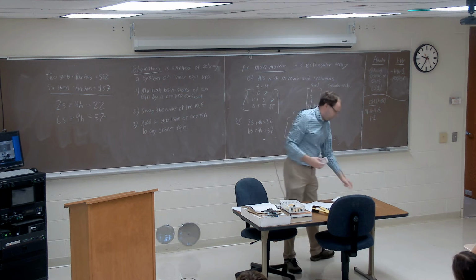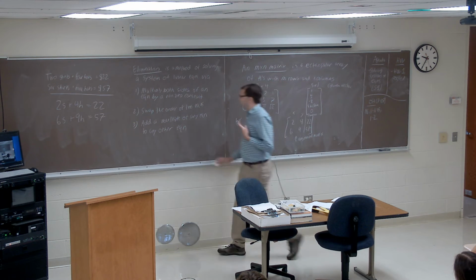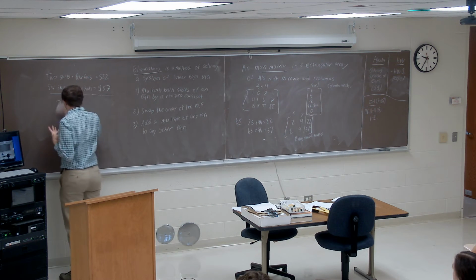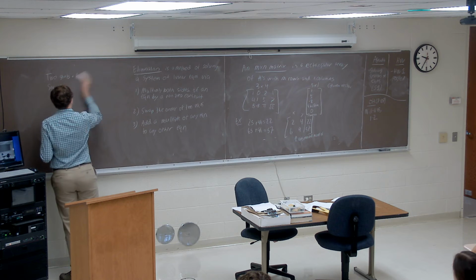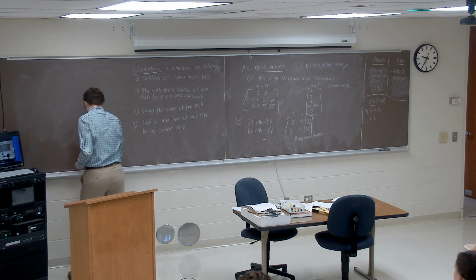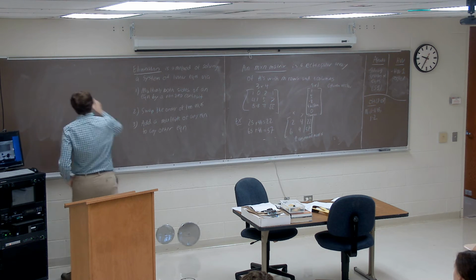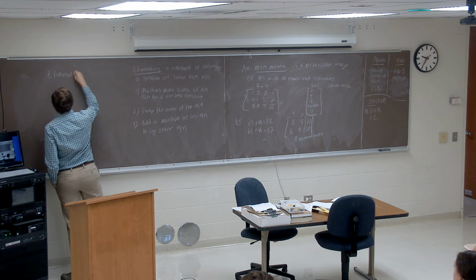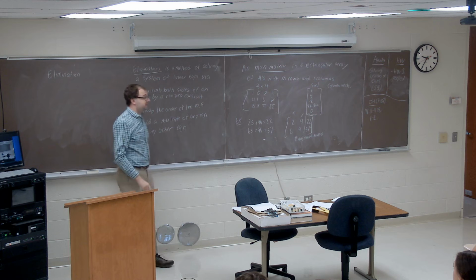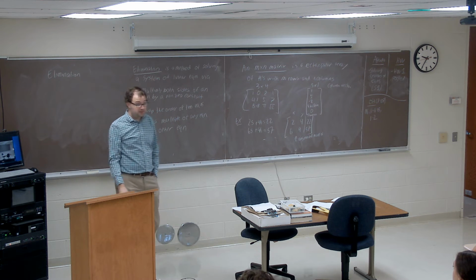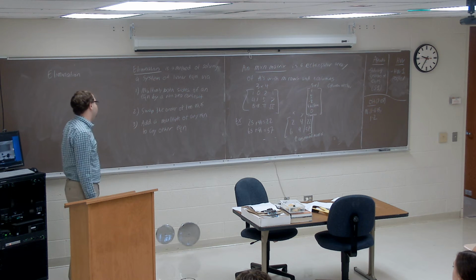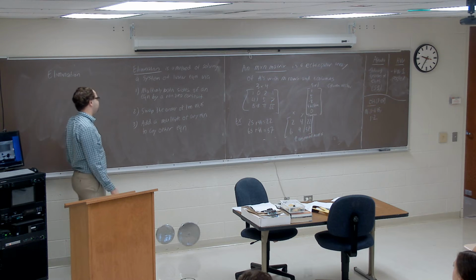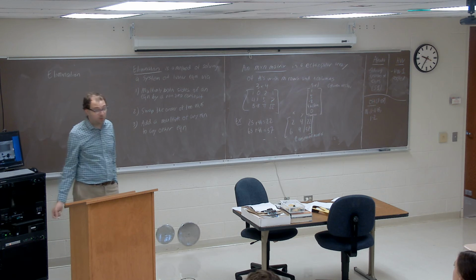So let's do that. We have three different things we could do to do elimination for a system of linear equations in equation form. We could multiply both sides of an equation by the same constant. We could swap the order of two equations.